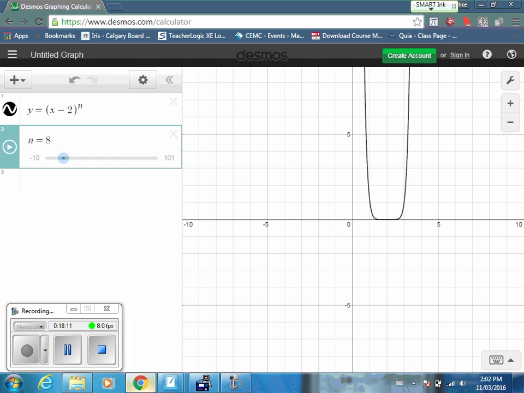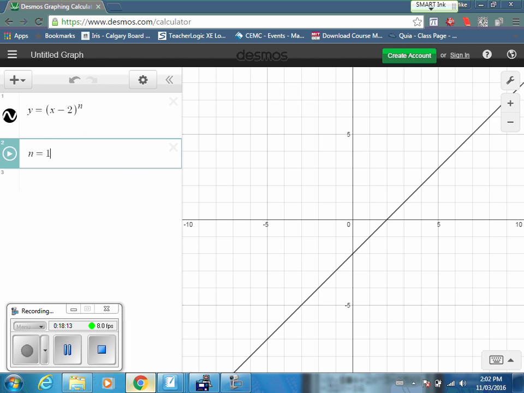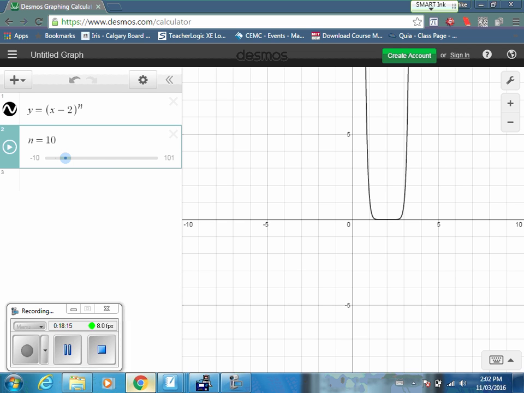How about 8? How about 10? Basically the same thing. Again, they just get a little flatter every time. But other than that, they're basically the same. In fact, watch this. I can graph a whole bunch of them together. Paste. Minus.